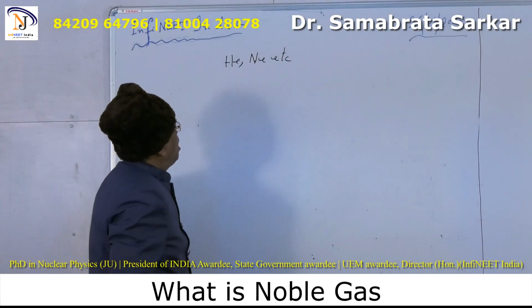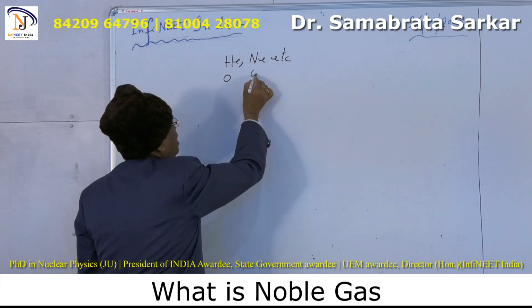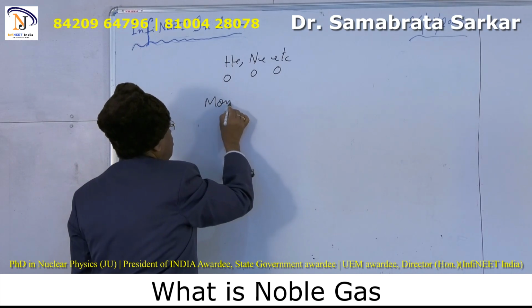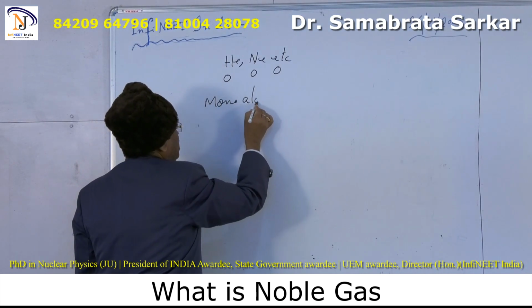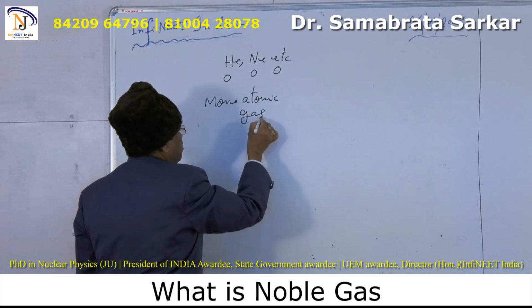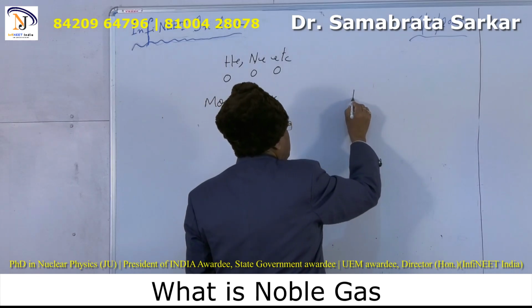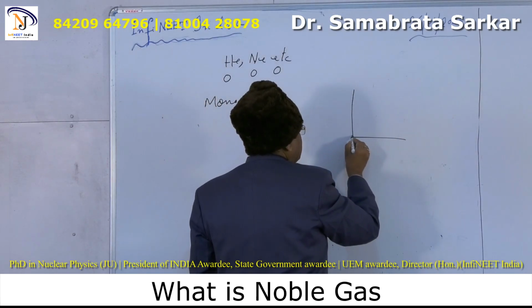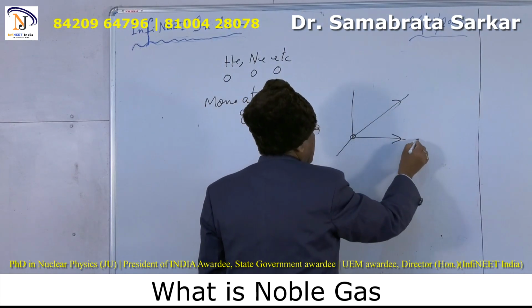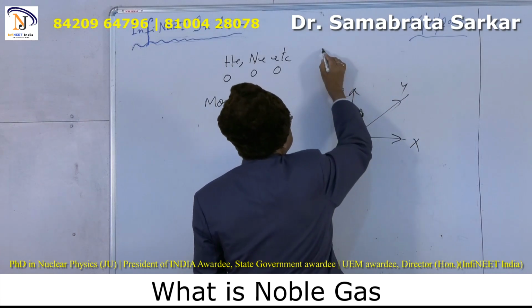Now, these are all monoatomic gases. So what happens if a monoatomic gas molecule is here, then it can move along x, y and z direction.